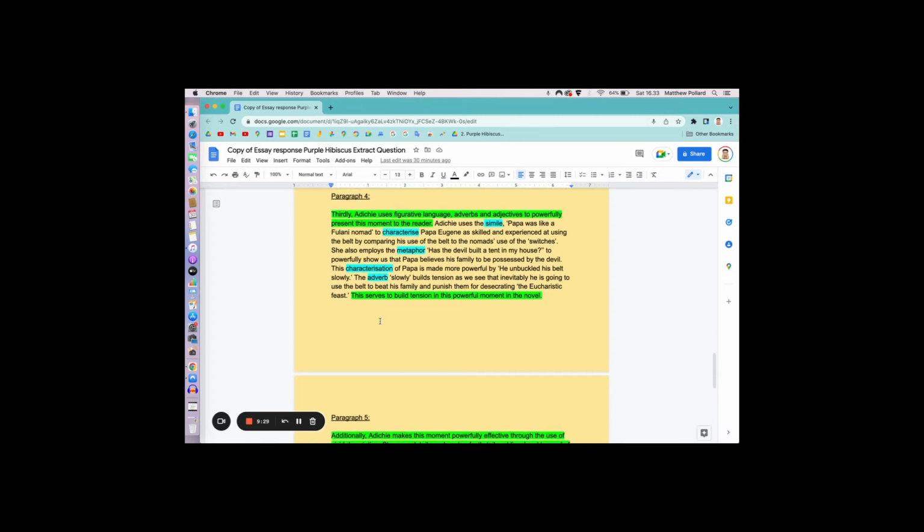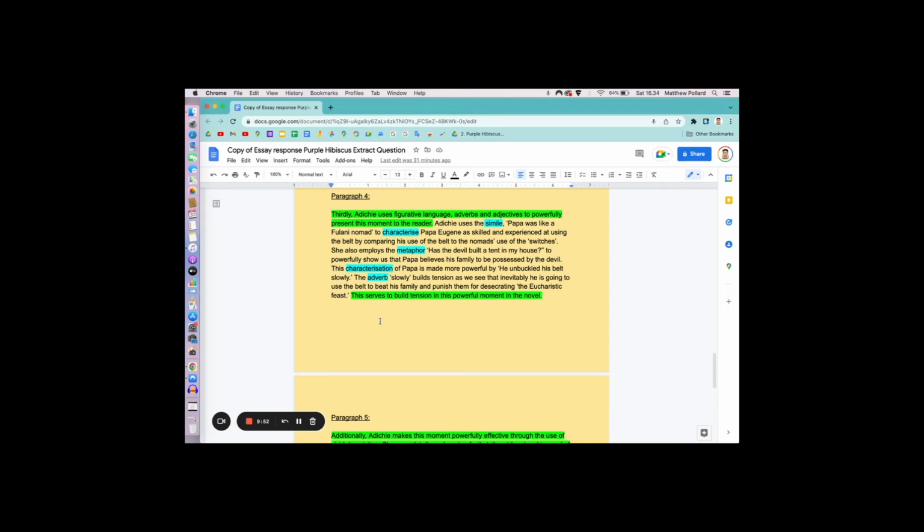This characterization of Papa is made more powerful by "he unbuckled his belt slowly." The adverb "slowly" builds tension as we see that inevitably he's going to use the belt to beat his family and punish them for desecrating the Eucharistic feast. This serves to build tension in this powerful moment in the novel.